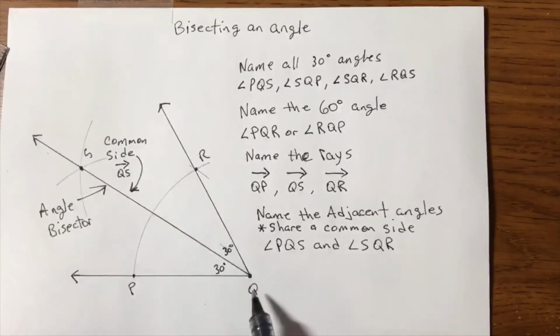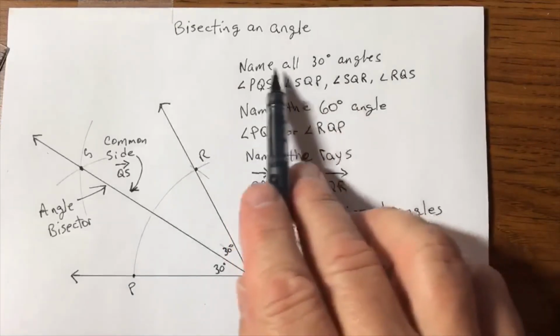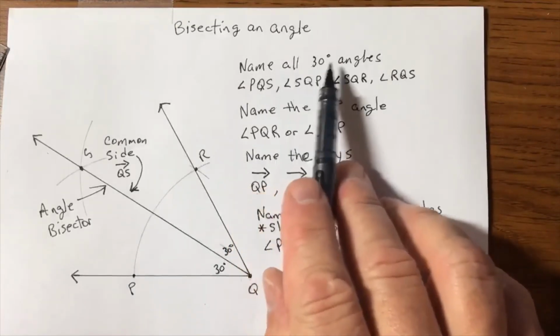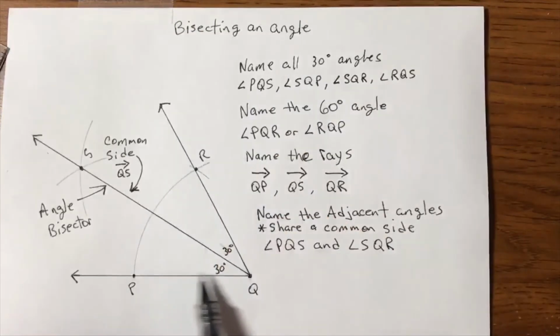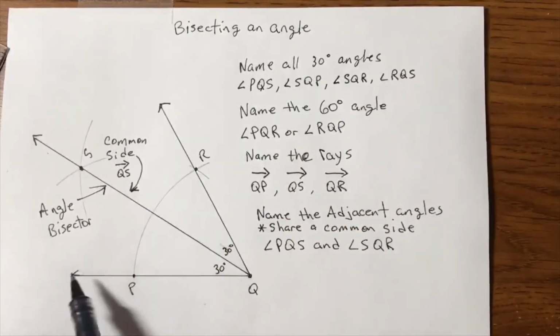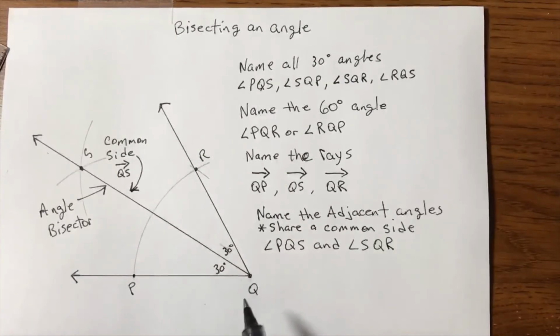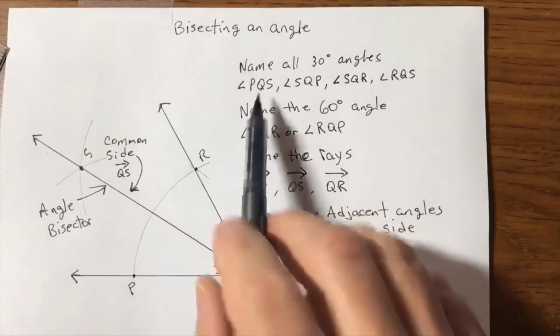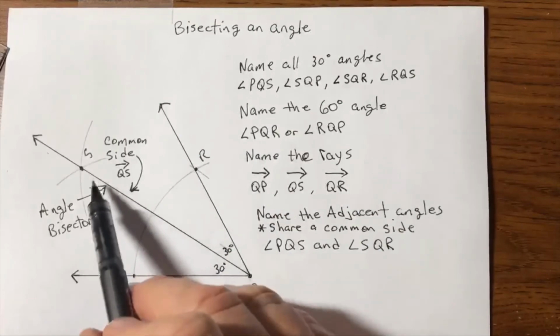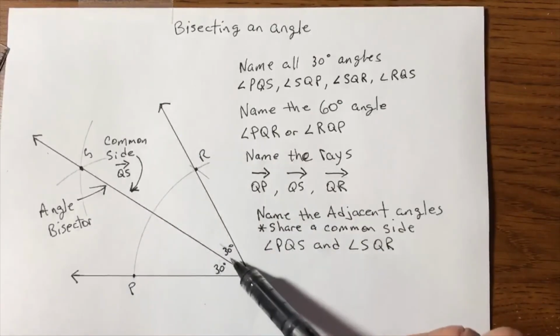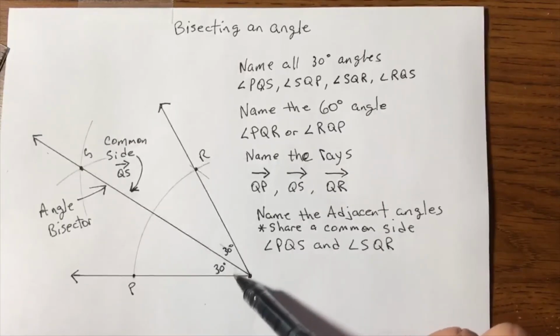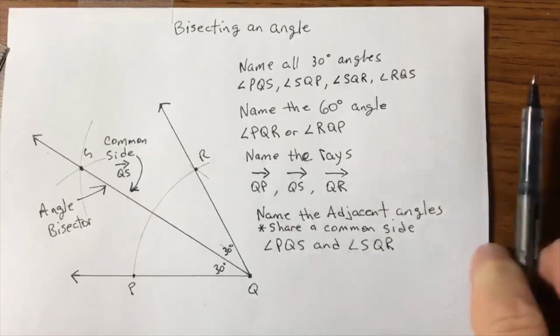The reader would be confused if you put just only angle Q up here where it says name the angles that's referencing 30 degrees, you must use the 3. Otherwise, your reader would be confused. If I said Q up here, wouldn't be enough. All right, we need to specify, give direction. Right. All right, there are 3 angles here. You've got the 2 30-degree angles, and you've got that 60-degree angle. Right. All right.